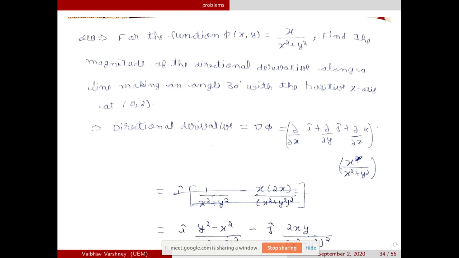So the numerator will be x square plus y square minus 2x square upon x square plus y square whole square, and when you solve it, it will be y square minus x square upon x square plus y square whole square.